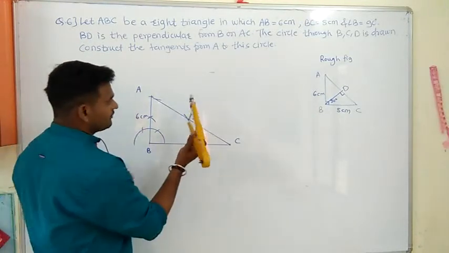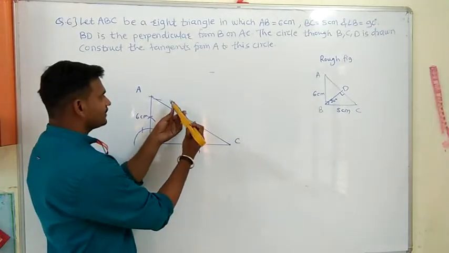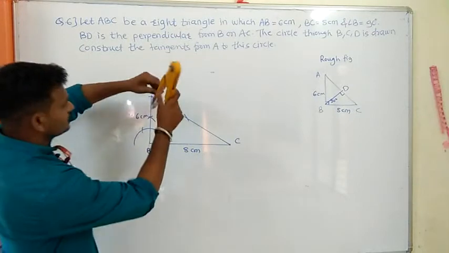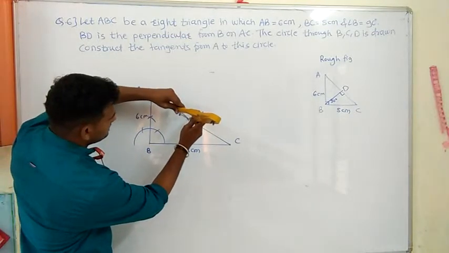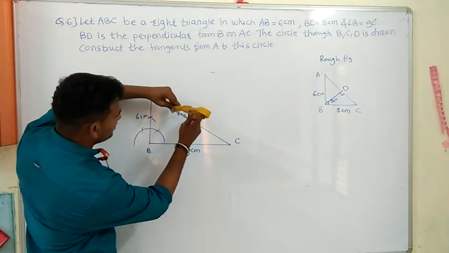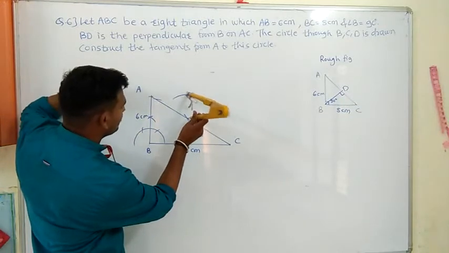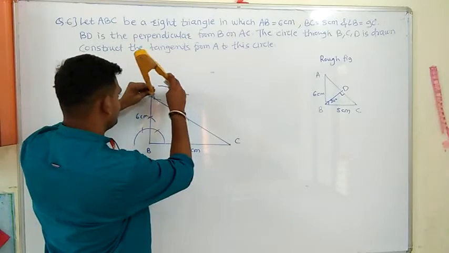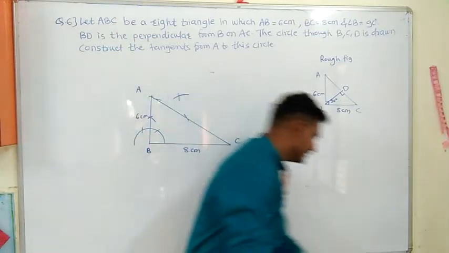Again, after this, put the compass here and take more than half distance of these two points, and mark one arc here and also mark another arc from this point. I got this point here.